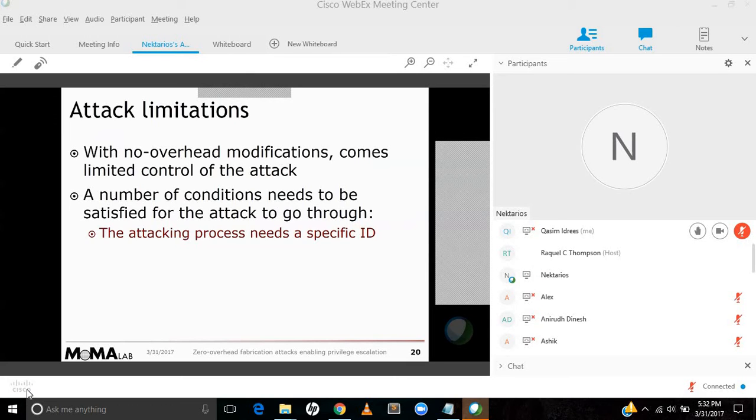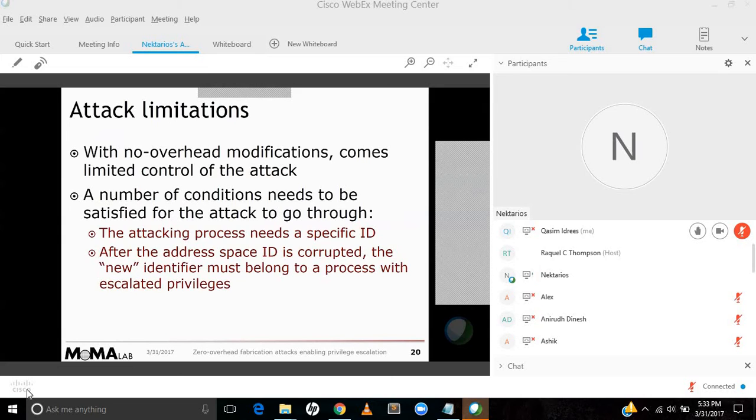You need to deploy the malicious hardware to many targets, and you need to force them to use your malicious application, as I mentioned, a game, for example, in Google Store or Apple Store, to have some success. Also, as soon as the address space ID is corrupted, then the new identifier must belong to the kernel.